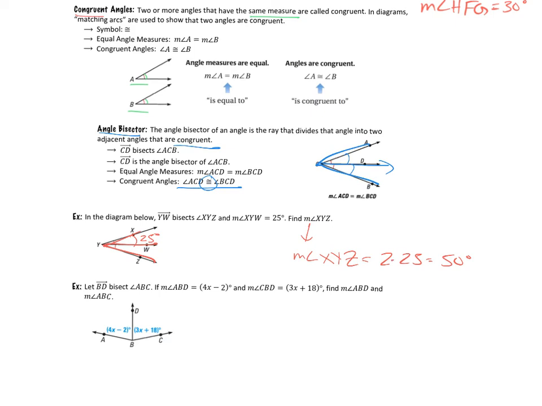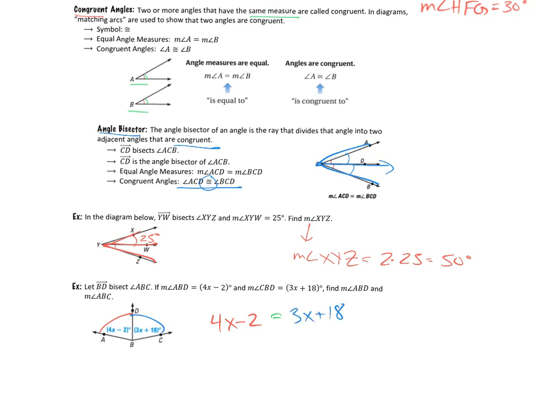In our next example, ray BD bisects our overall angle, angle ABC. It tells us that the measure of angle ABD is 4x minus 2, and that is equal to the measure of angle CBD, which is 3x plus 18.